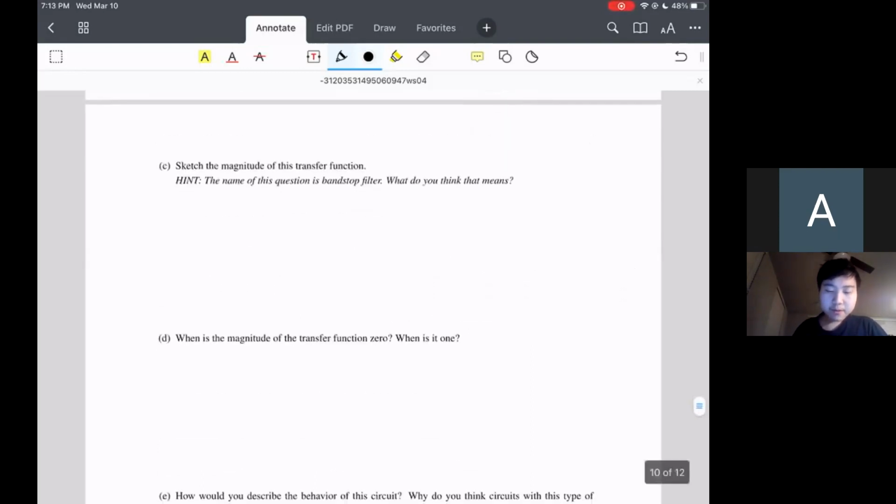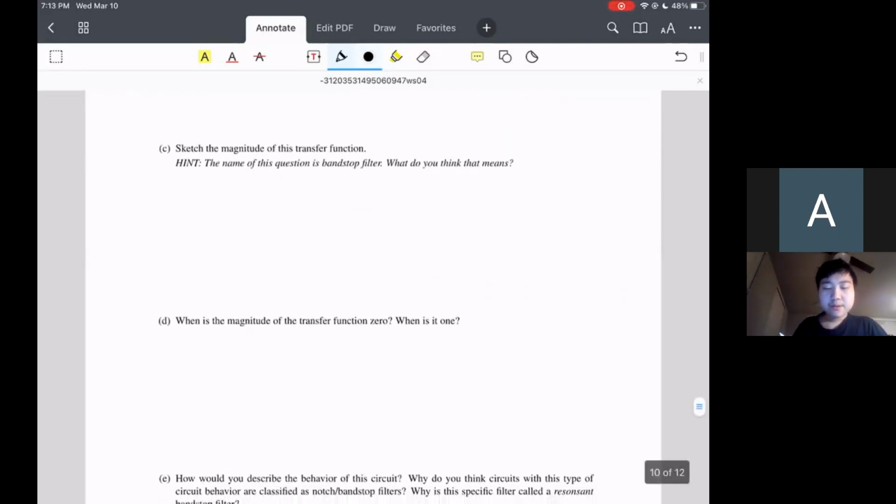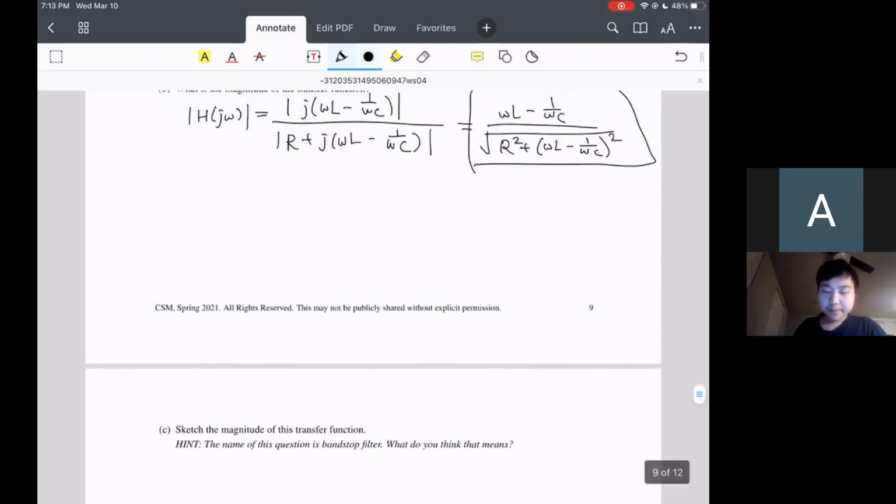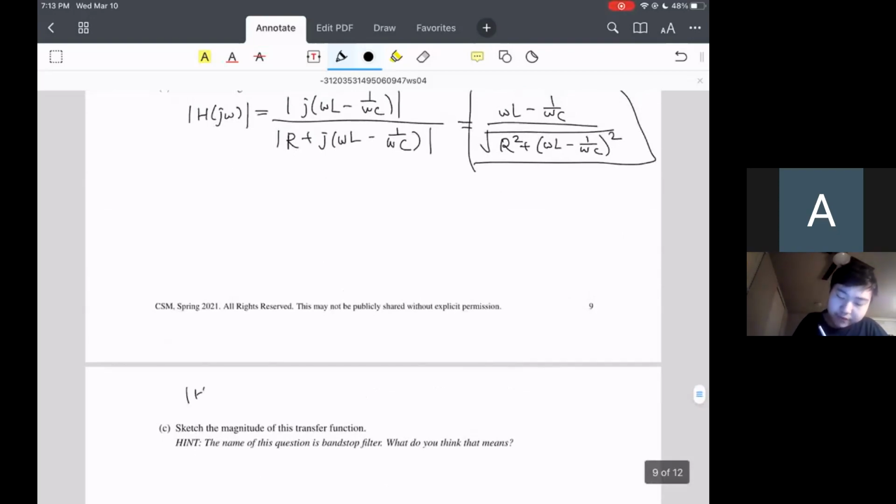Now moving on to part C, we want to sketch the magnitude of this transfer function. Let me copy this over. The magnitude of H of j omega is equal to the absolute value of omega L minus 1 over omega C over the square root of R squared plus (omega L minus 1 over omega C) squared.